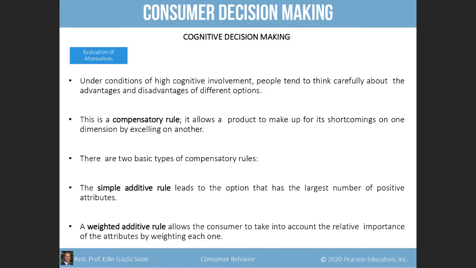Let's say that we define 5 attributes and we compare 3 brands. One brand is good in 4 attributes. According to the simple additive rule, the one with 4 good attributes will win the race.